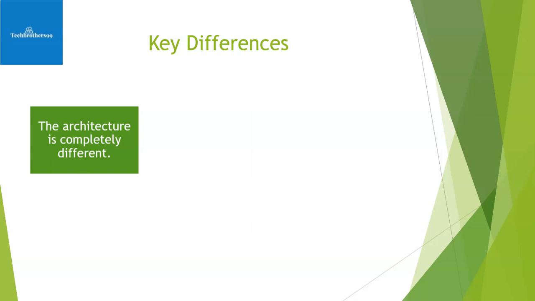Having access to both parts, front end and back end, because we are using Node.js as a backend server, gives us the ability to respond to your application events in real time. So the architecture is completely different here.